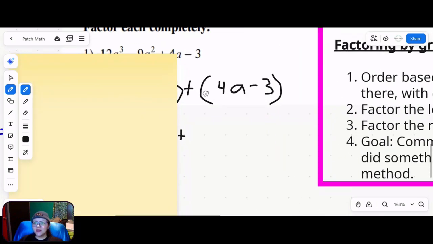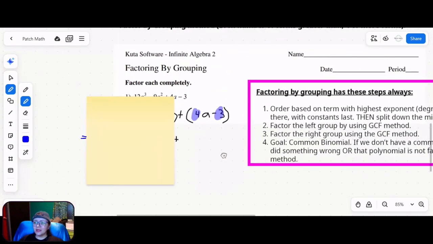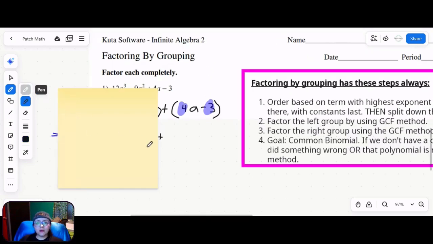In this case, we have a 4 and a 3 as our numbers, and 4 and 3 don't have any common factors other than 1. 3 is a prime number, so 1 and 3 are its only factors, and 3 can't divide into 4, so we can bring out a 1 here.